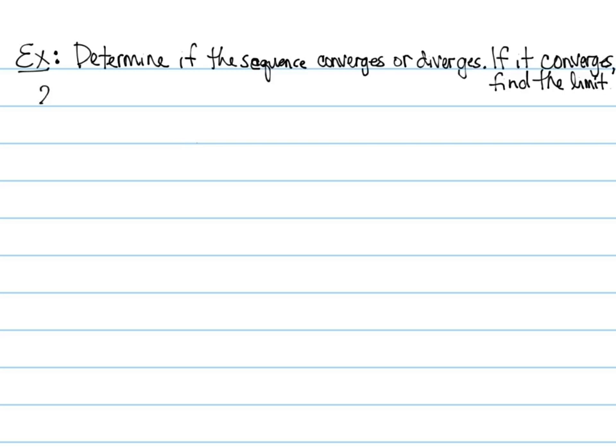So this is actually our second example because we did the sequences example last time. Our sequence for this one, a sub n, is 3n cubed minus 1 over 2n cubed plus n.